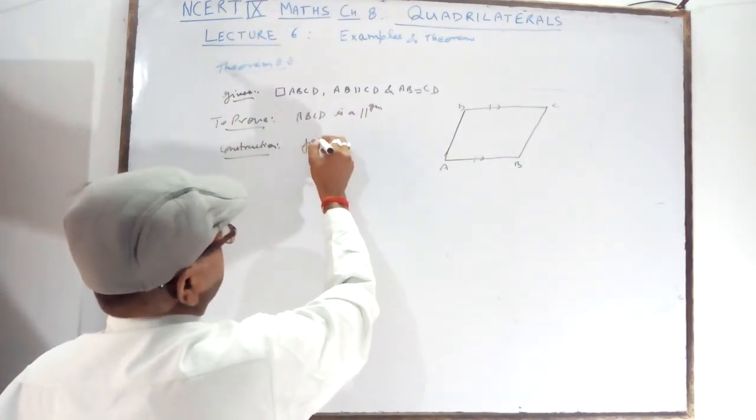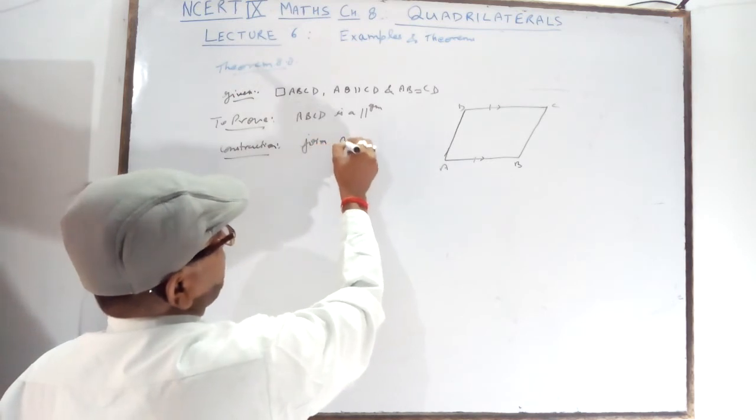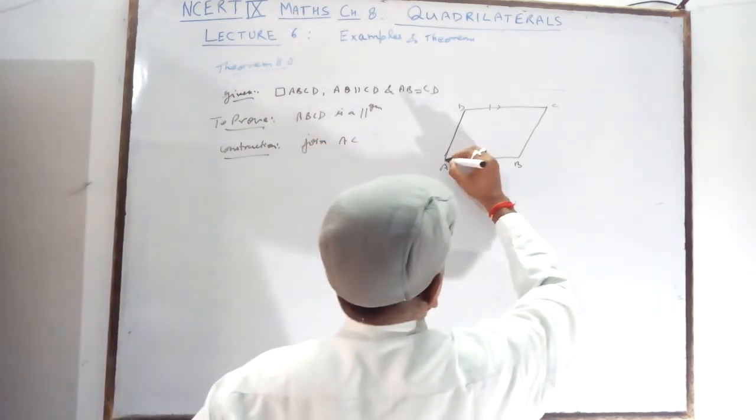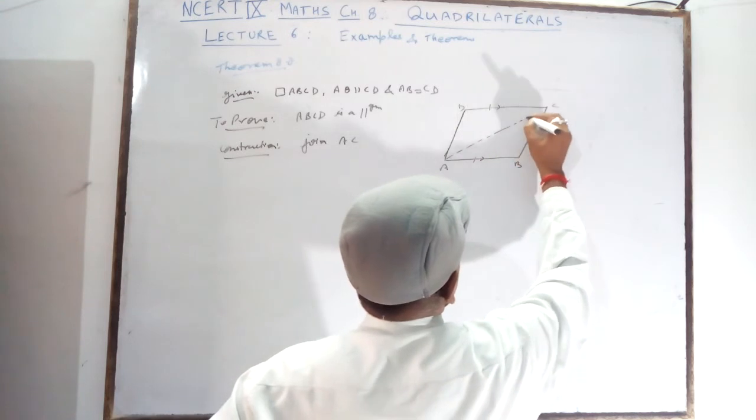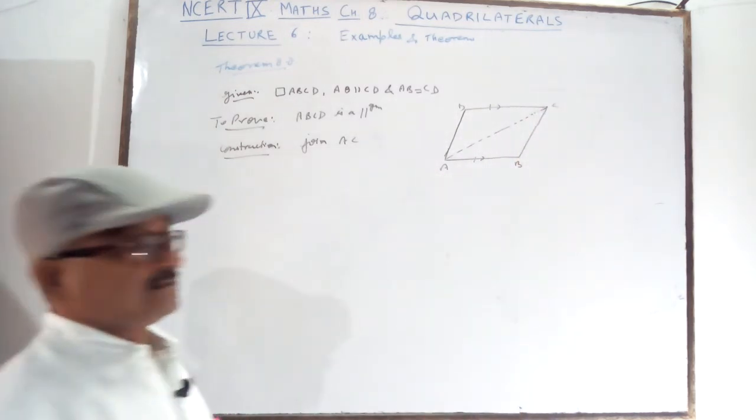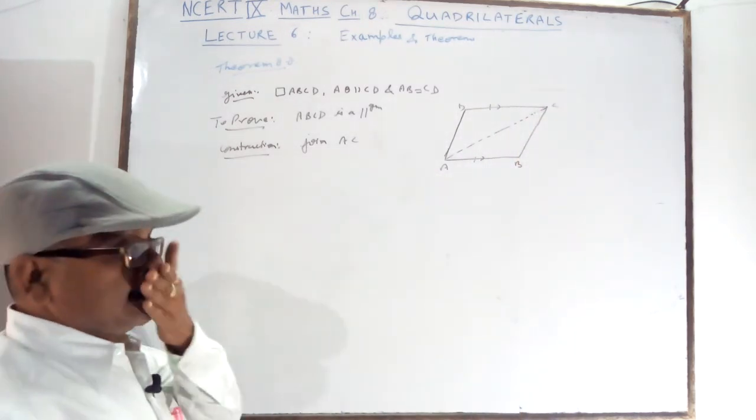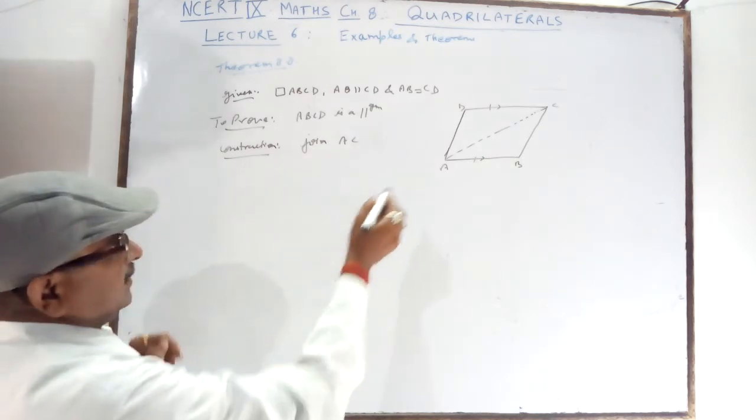Join AC. When you join AC, you will get triangles.